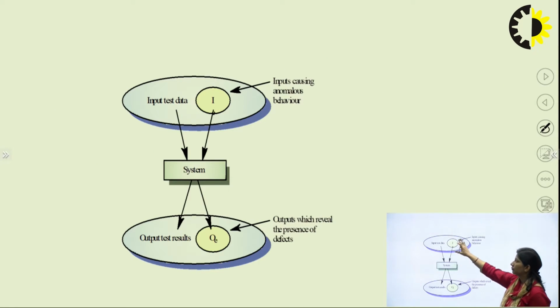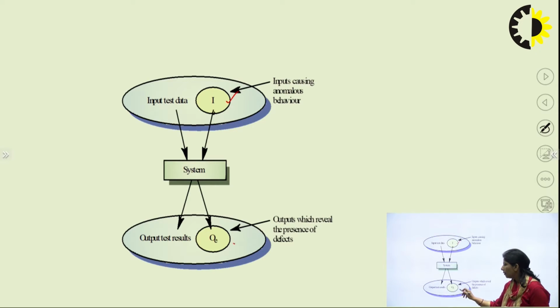Look here. Here is a system where I am giving complete input test data. Some inputs causing anomalous behavior will be here. We have given them to the system, including some inputs which can create problems. Here some output test results are there if we have correct input data.